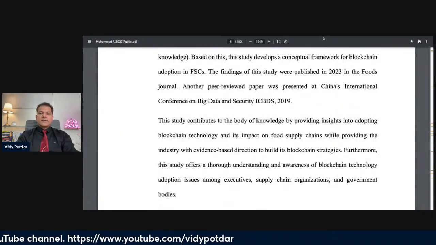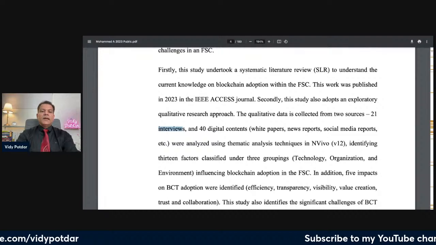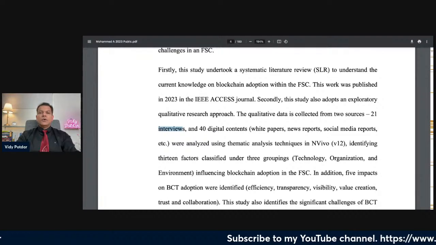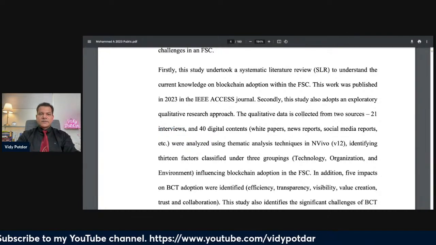So using this search feature is also an easier way to fetch relevant information that you're looking for from your thesis, from the selected thesis.